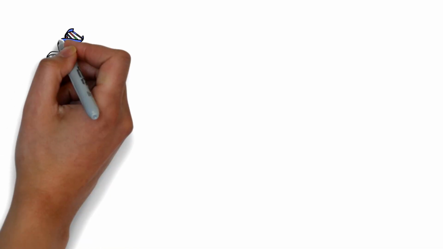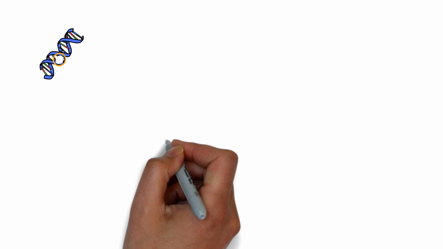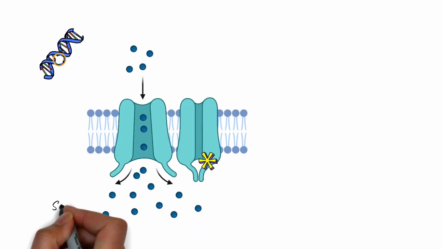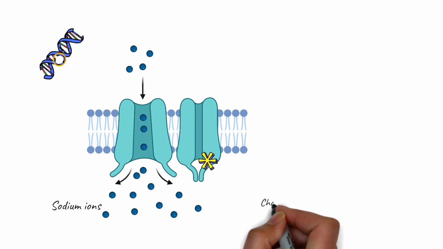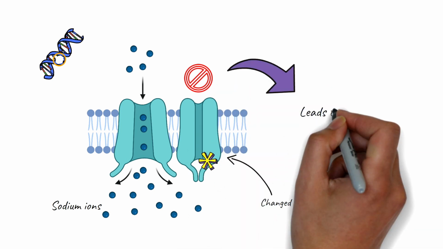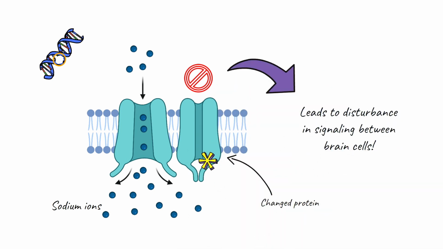When the SCN1A gene is mutated, meaning it has a disease-causing variant, an improper protein product might be created. Such an altered protein cannot form a proper voltage-gated sodium channel, which may alter the channel's ability to allow sodium ions to pass through. This then causes a disturbance in communication between brain cells, leading to disease.